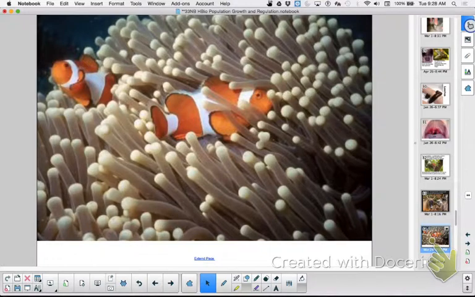So it's good for the clownfish. What's the benefit for the sea anemone? I get why it's beneficial for him. The clownfish has a home, and he's protected by the tentacles of the sea anemone.